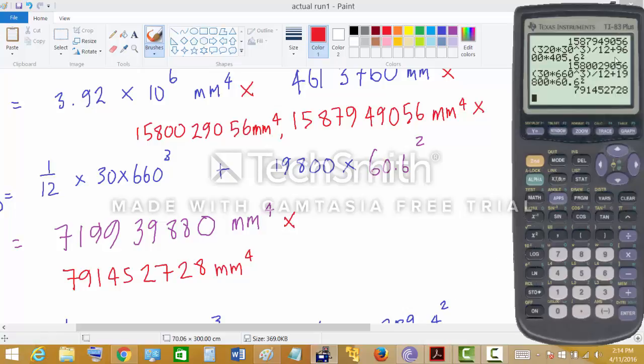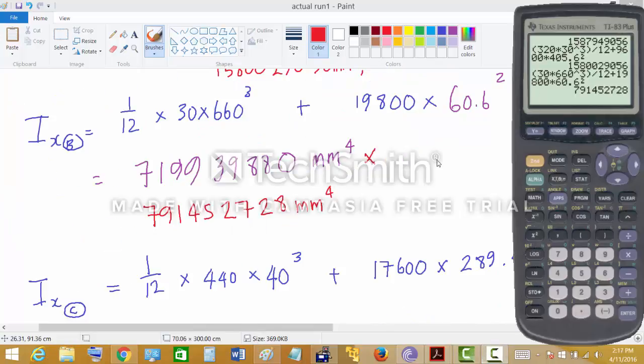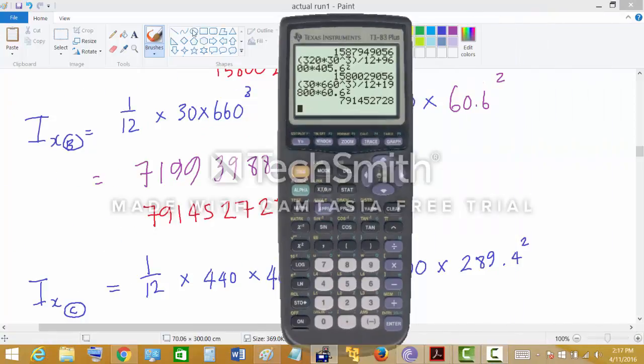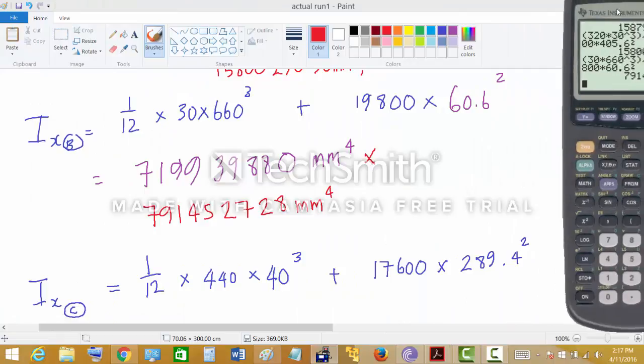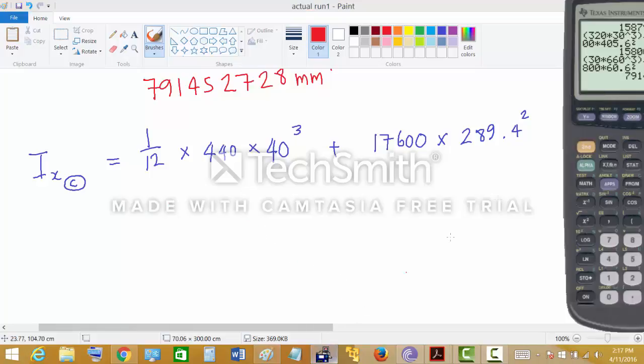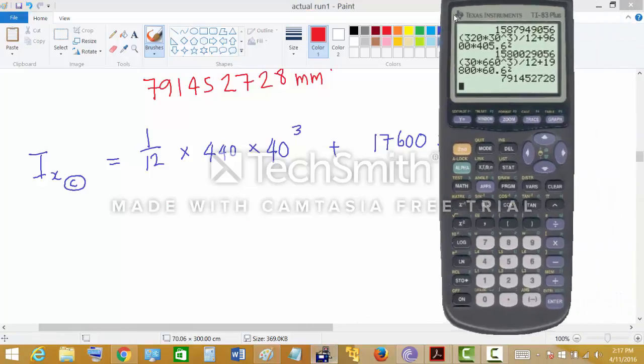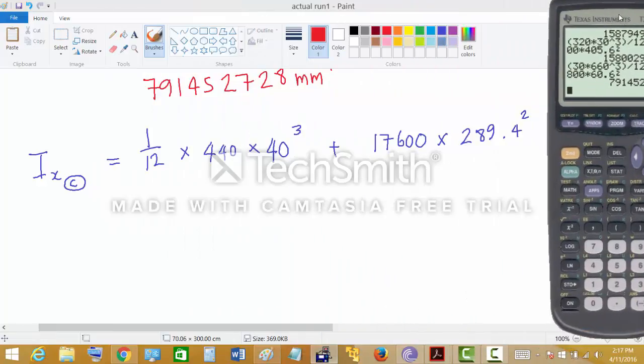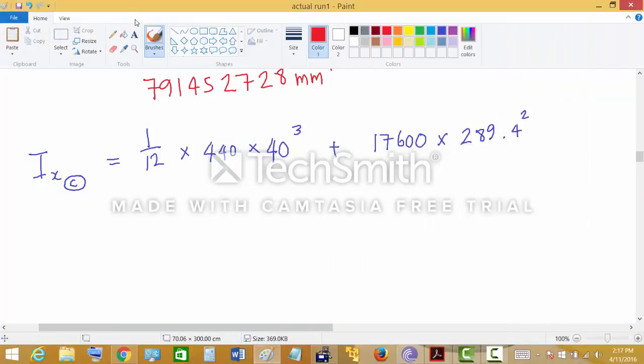Okay, that's right. So let's check. So just continue and calculate the second moment of area for area number C, area C. Let's put that in the calculator. So those other two were okay. I just checked those. It's okay now.